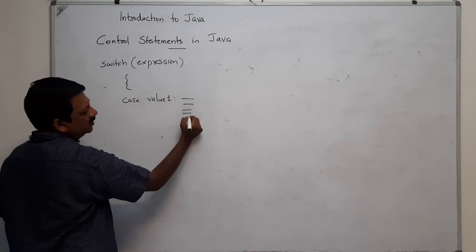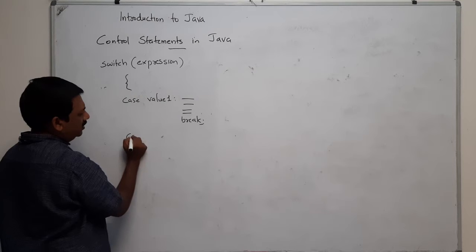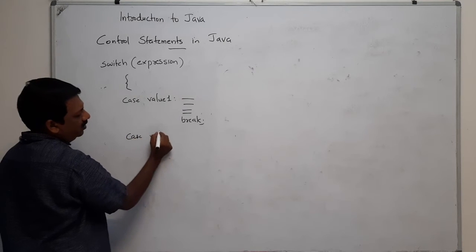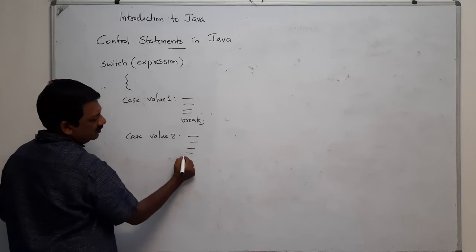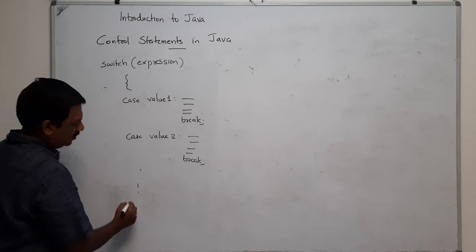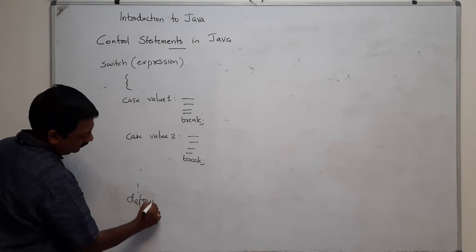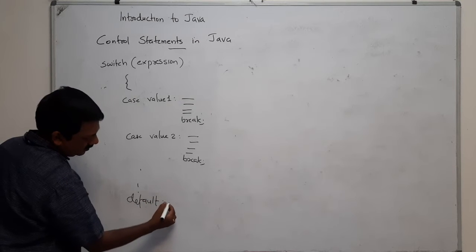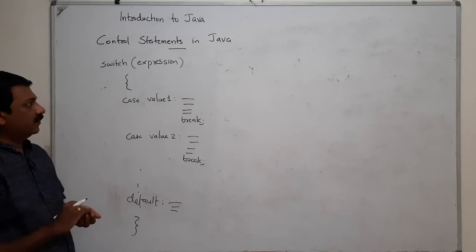You have a set of statements here, a break, case value 2, have a set of statements, break, and likewise the last one is default. We have a set of statements, that is the end of this.